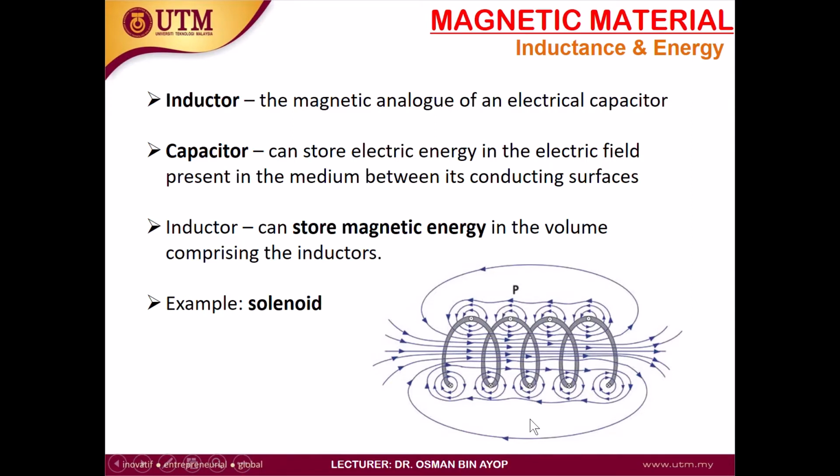So the inductor can store magnetic energy within this volume, and we can determine the energy stored by using a certain formula, as well as determine the energy density. We will discuss how to calculate it later on.